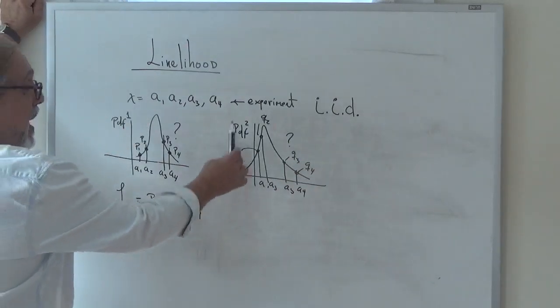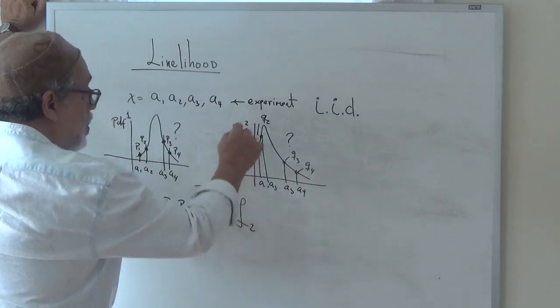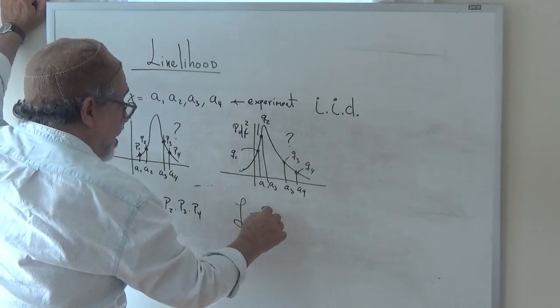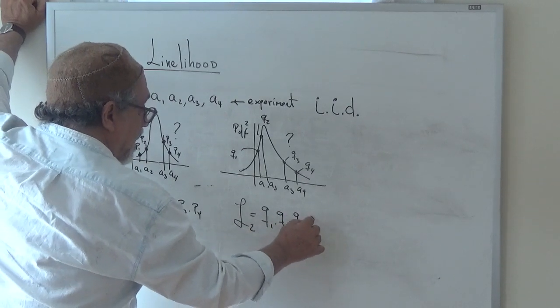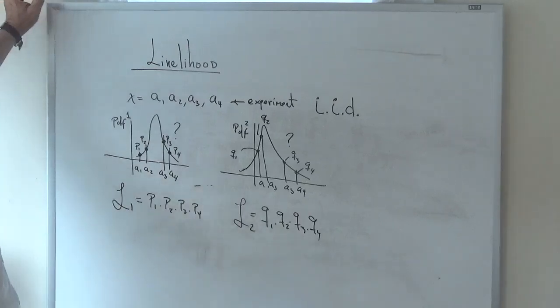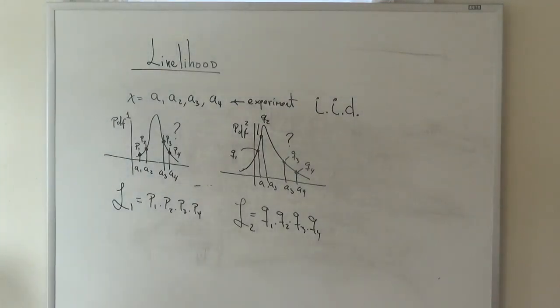Since these are independent and identically distributed, the likelihood 2 over here is just Q1 times Q2 times Q3 times Q4.